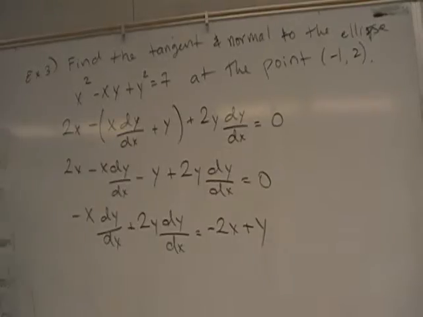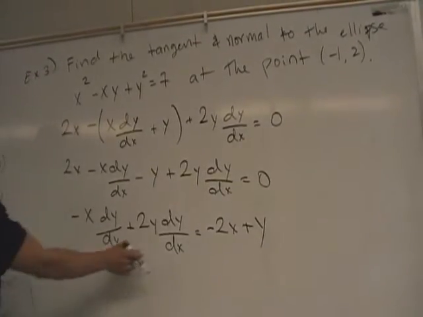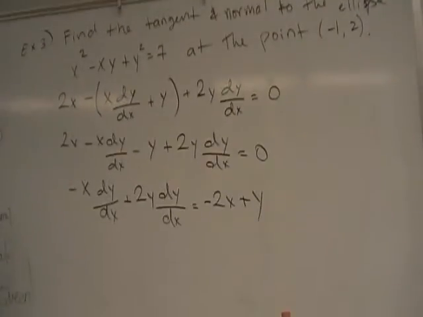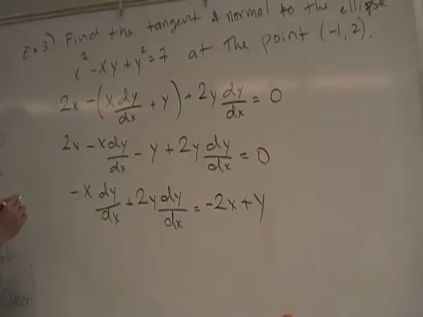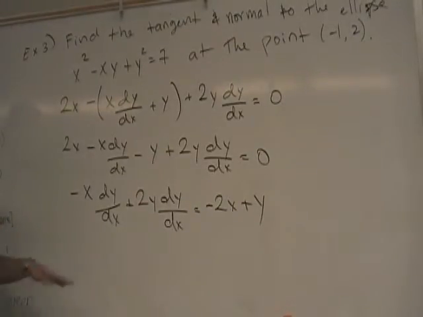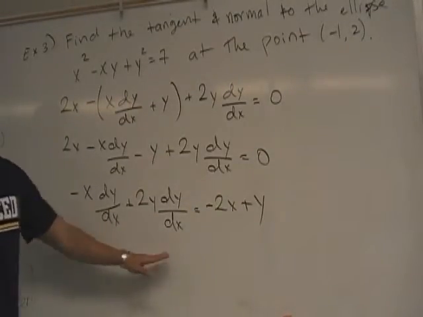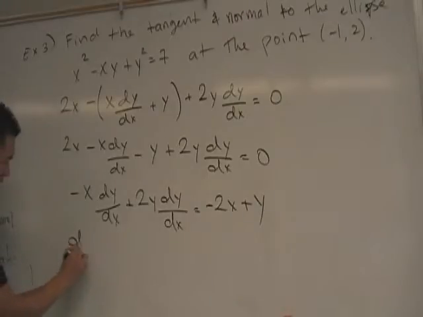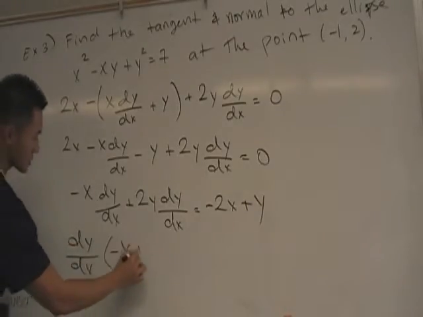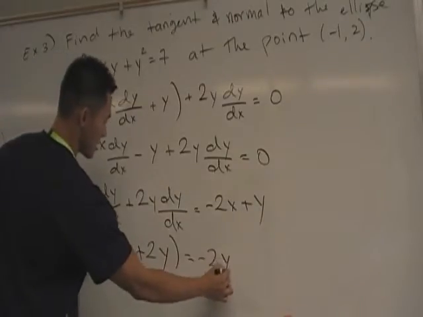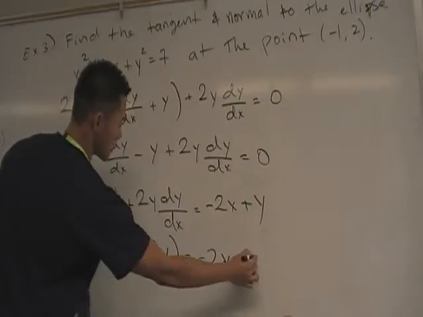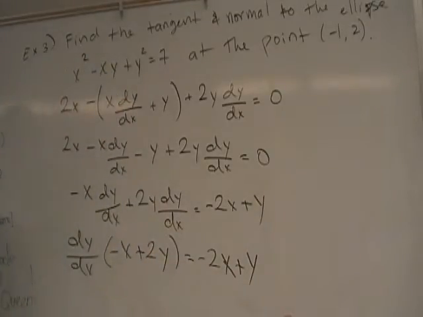Okay. So what do we do here? Factor. Factor out what? Factor out the dy dx. Okay, so you factor out dy dx. You have negative x plus 2y left is equal to negative 2x plus y.